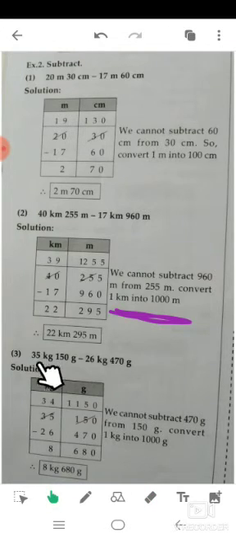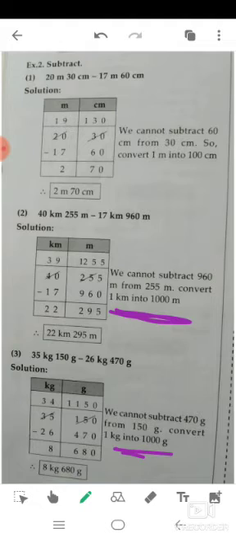Now see another question. Another question is 35 kg 150 grams subtracted by 26 kg 470 grams. Now see, this is our kg and this is our grams. 1 kg is equal to 1000 gram.